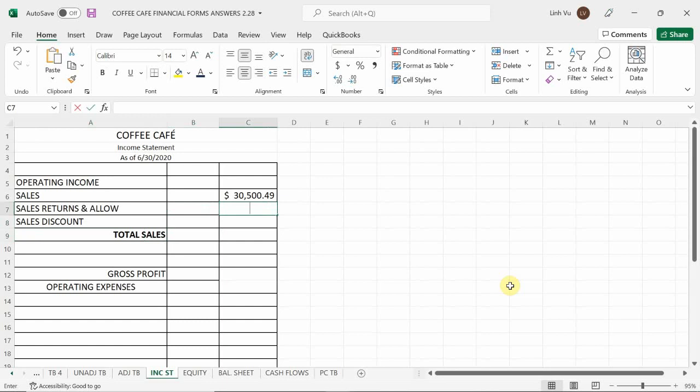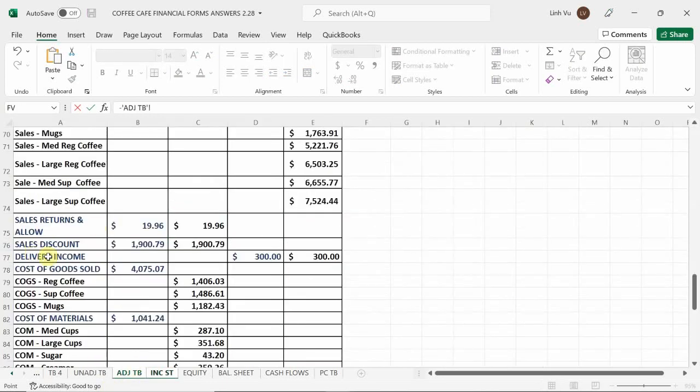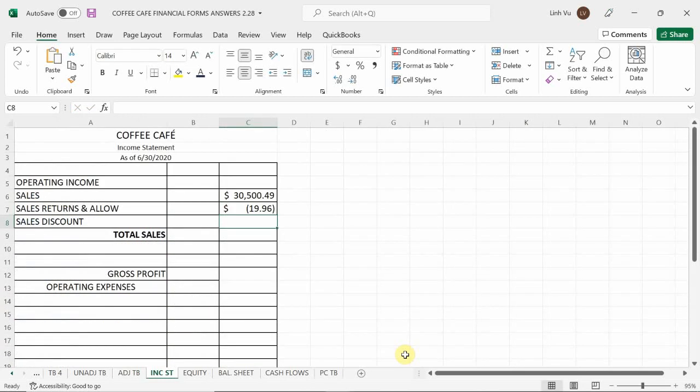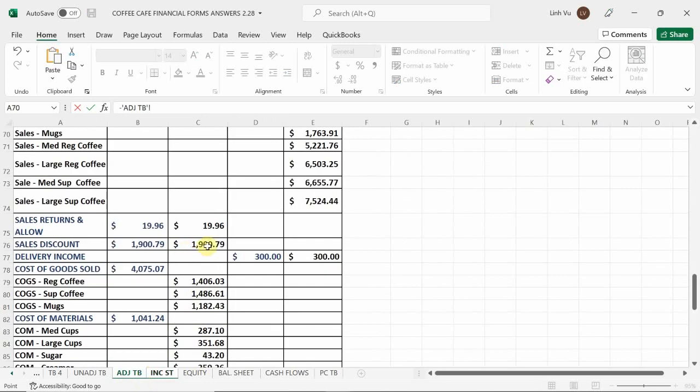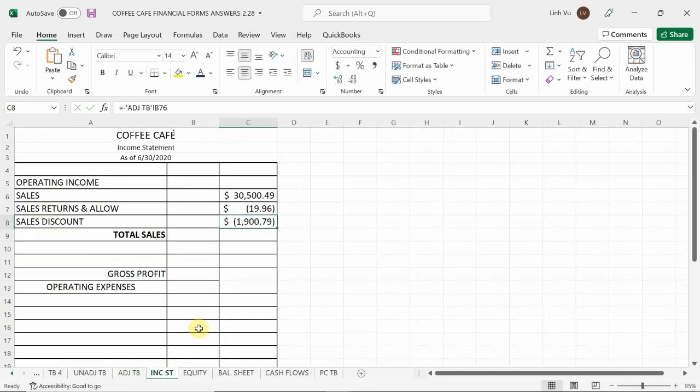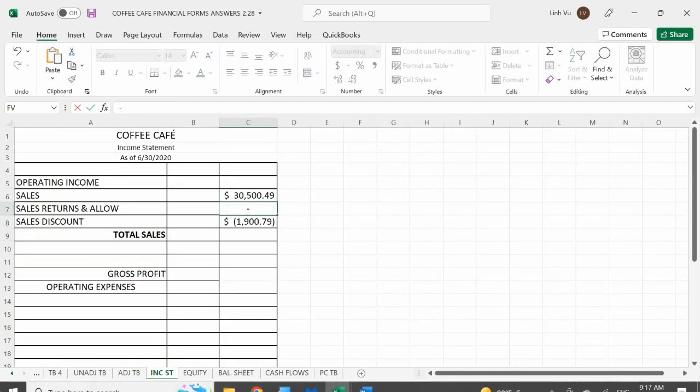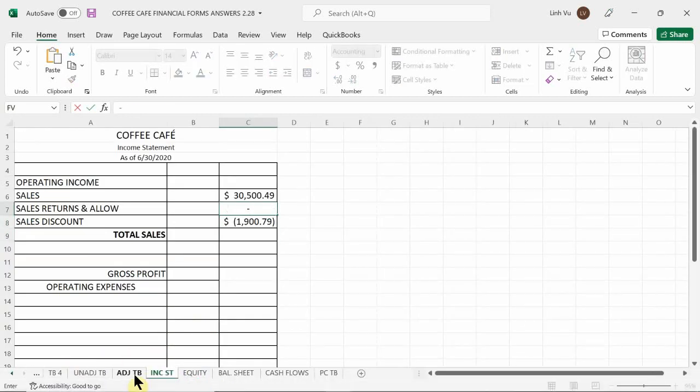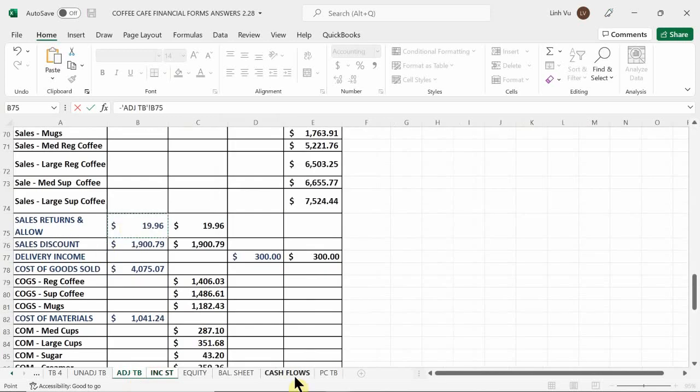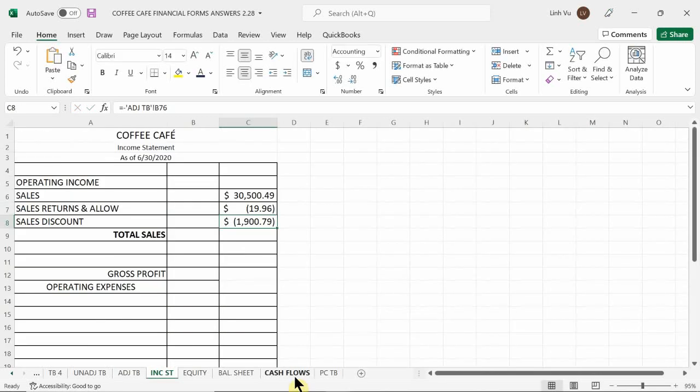So these are going to subtract, right? They're going to make a negative number. So in this case, I had a returns and allowance for $19.95, and I had a sales discount for that $1,900, okay? So I'm selecting the blue numbers, okay? Make sure you do the same, okay? Because we're dealing with main accounts, not sub accounts. So let me see, I clicked, okay? And these are all negative.